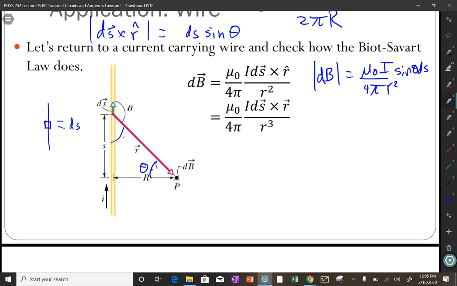With your index finger pointing up, what direction do your middle fingers go? Like this, so it's going in. That's what it has shown here, going in. At this location it's all in one direction, so I'm just doing B in.